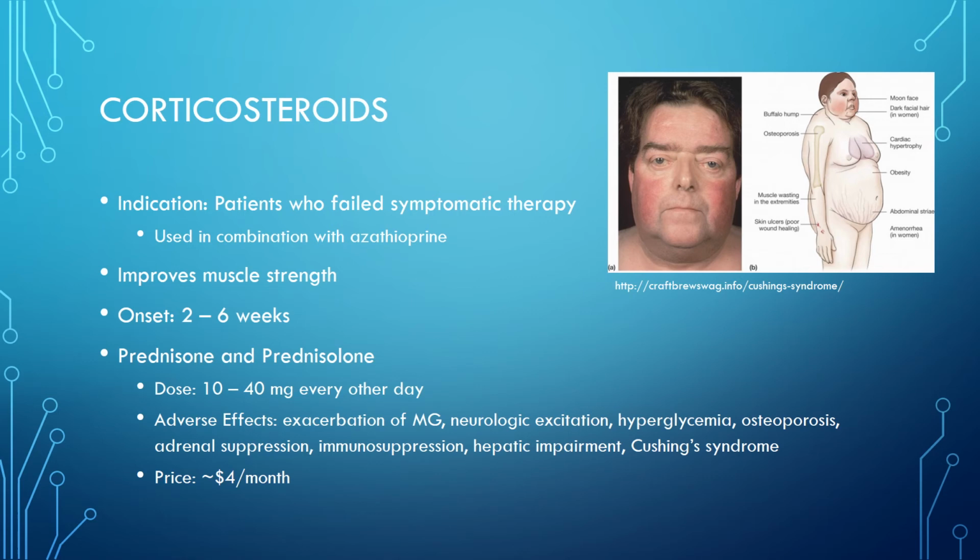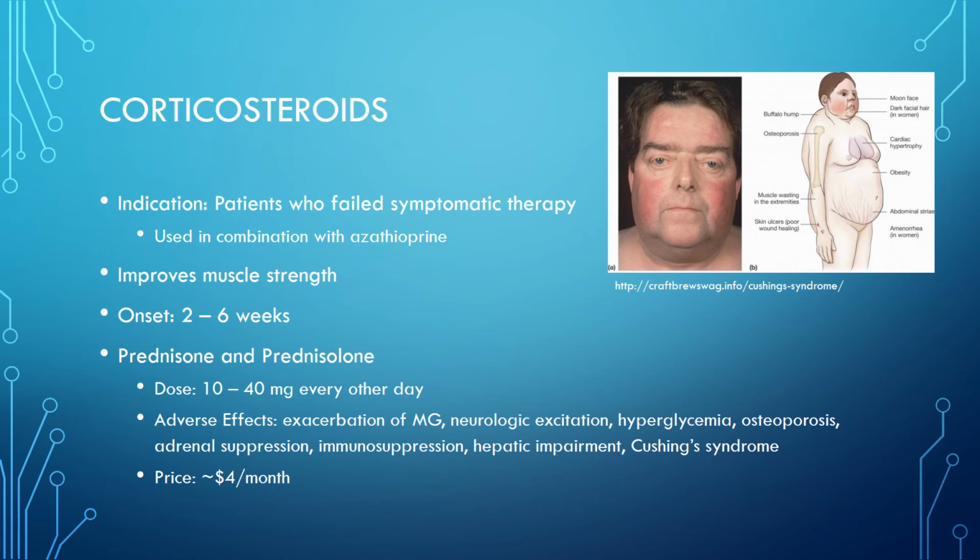So when you give high doses, it tells your body, hey, we don't need any more, and so it stops producing it. And then with long enough treatment duration, you get this thing called Cushing syndrome. You can see this picture up here. We're kind of short on time, so I'll let you look into that. It is interesting, and you will see it in all steroids.